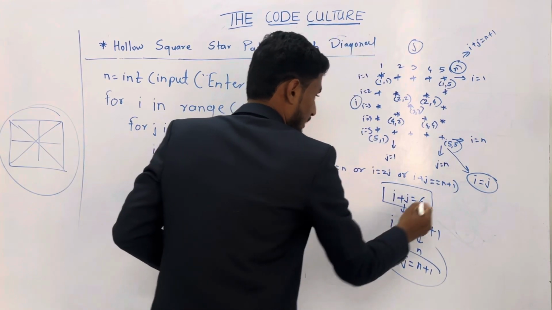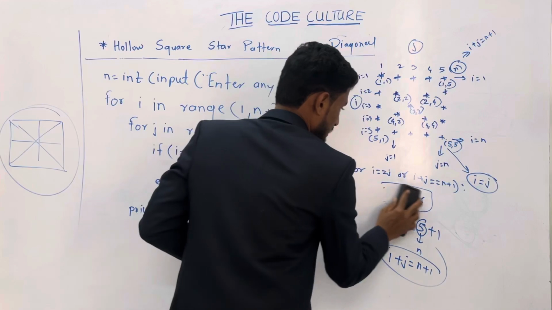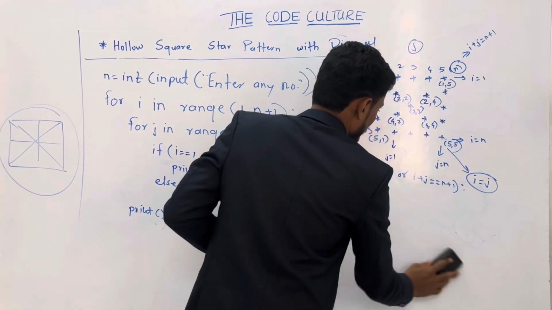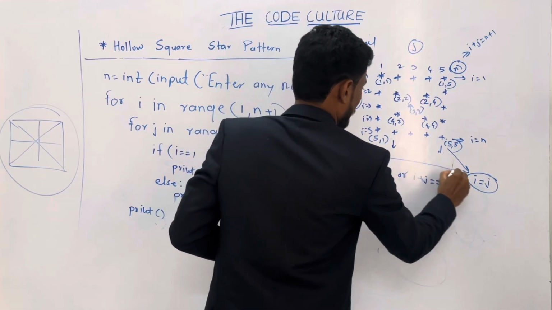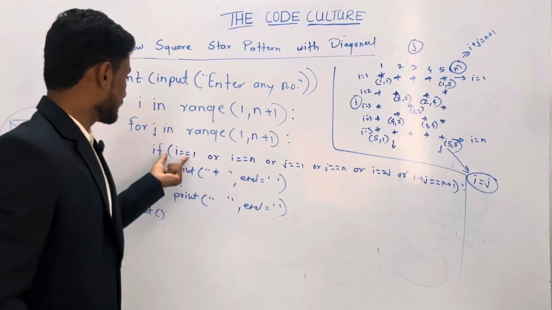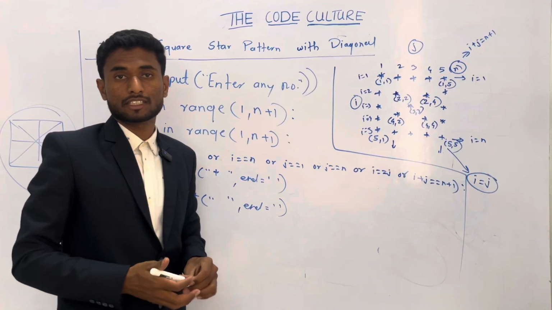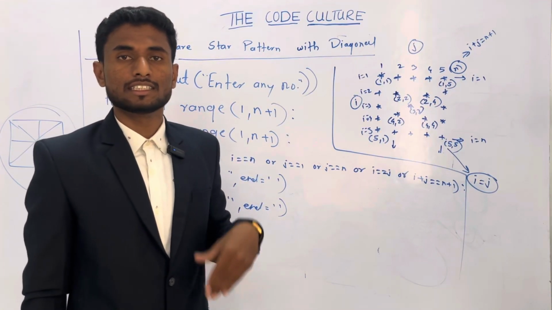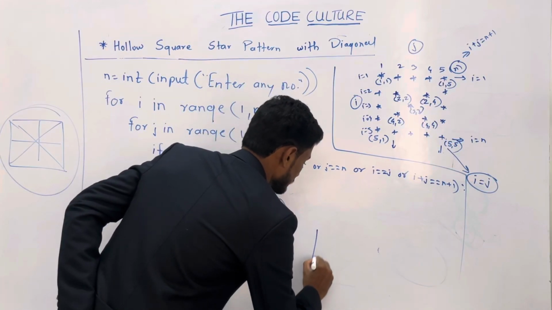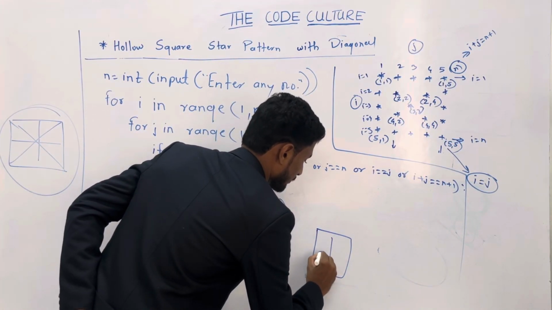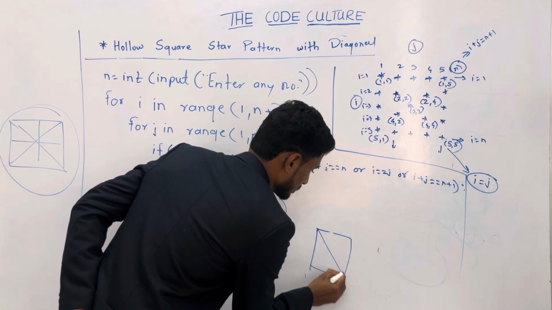Okay, by writing this equation I am erasing all the data here. So how many equations do we have here? 6 equations, which means 6 conditions for 6 different lines, because our pattern has the diagonals like this.